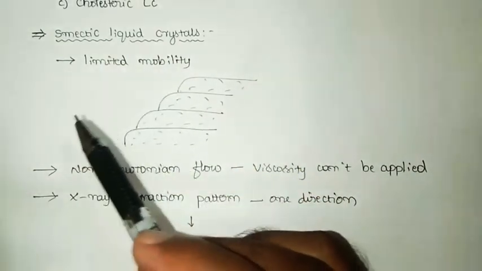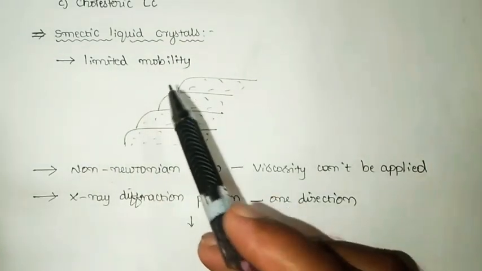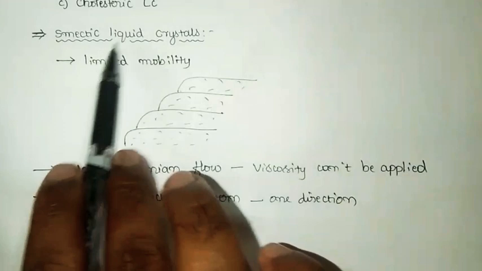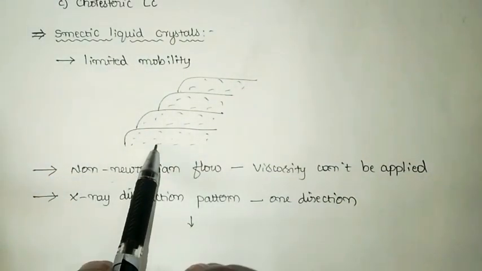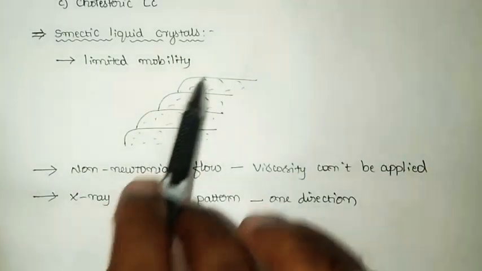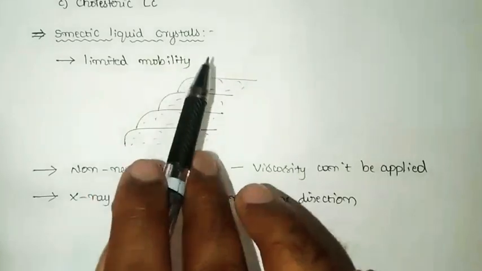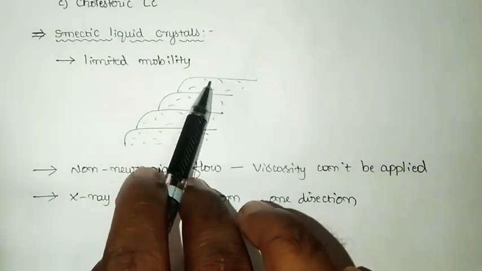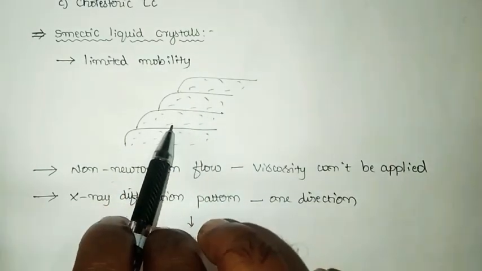That means there occurs a distribution of velocities among the layers of the true liquid. And here in case of smectic liquid crystals also, we have a layered structure. And here also we can say there is a distribution of velocities from one layer to the other. And because of this distribution, one layer will glide over another.